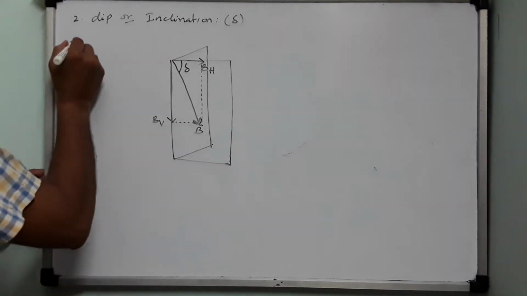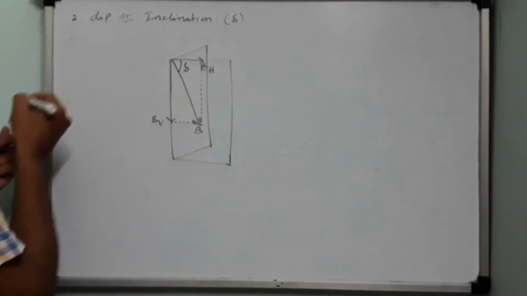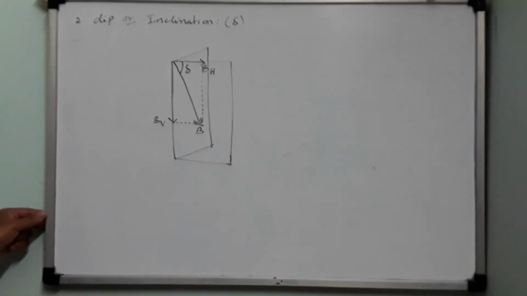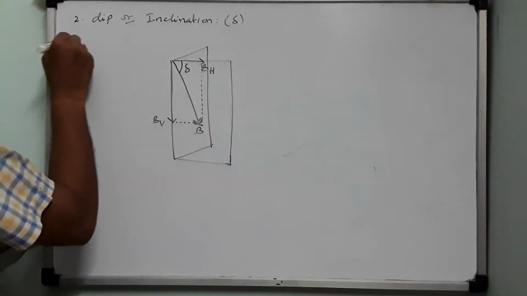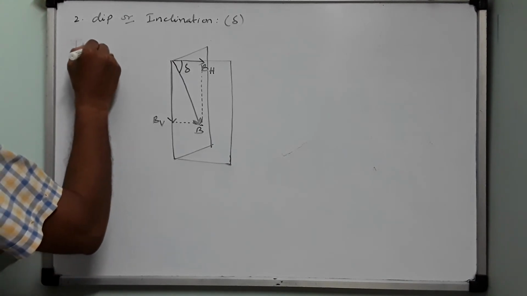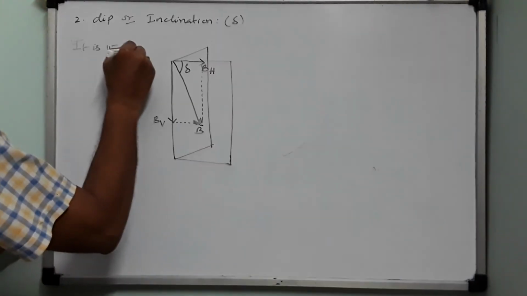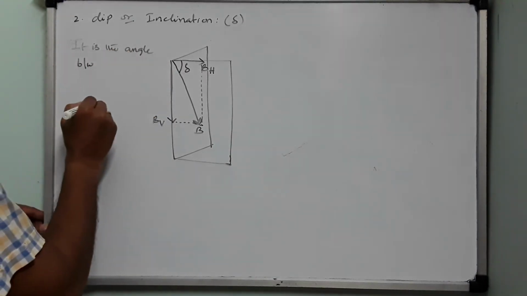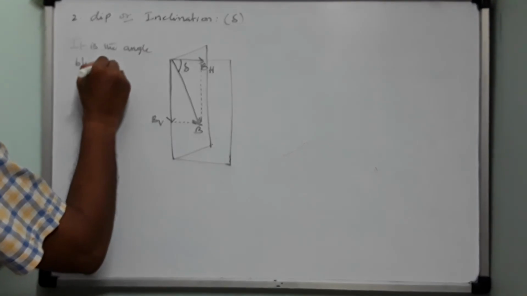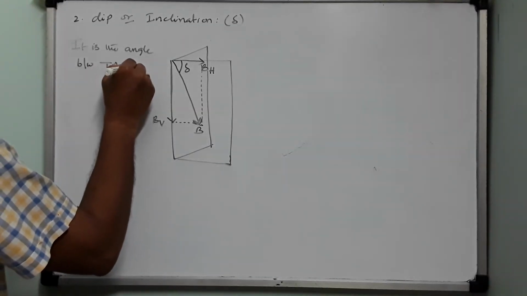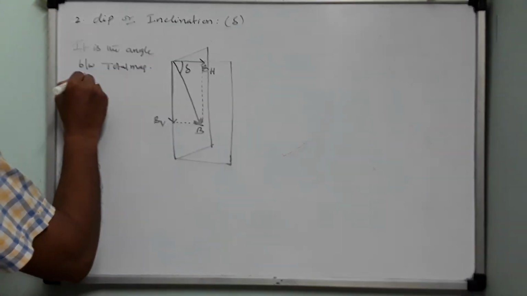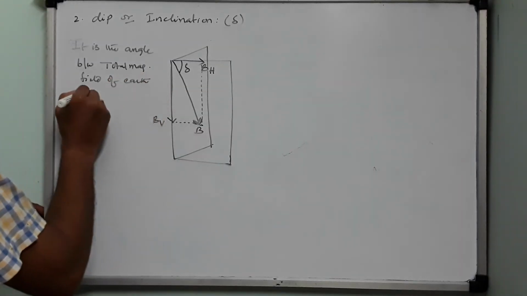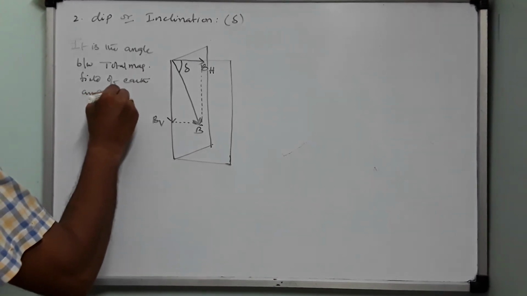The angle between the total magnetic field of Earth and the horizontal.